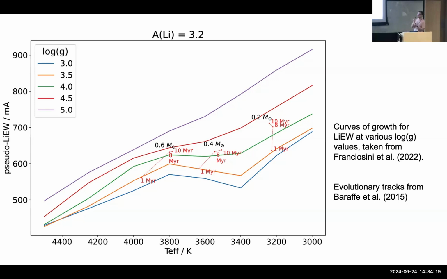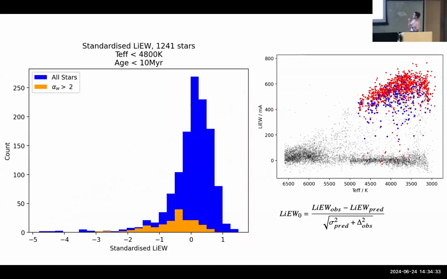We see that for a fixed abundance of lithium, we do expect, as the star moves through the pre-main sequence phase, some increase in equivalent width of around the same magnitude due to pressure broadening. In the same vein, we might also expect accretion and veiling to drag down the average equivalent width that we're seeing at those very young ages before the disks dissipate.